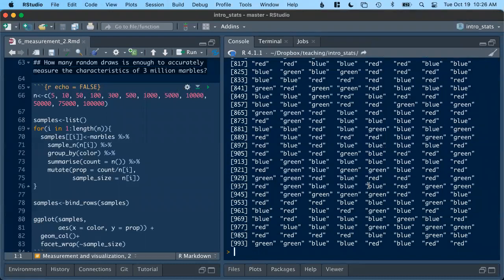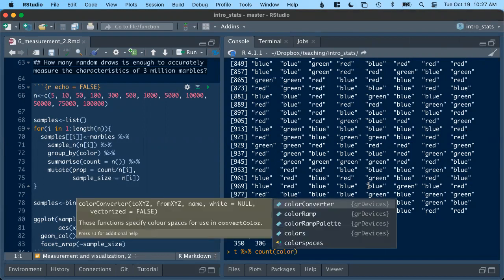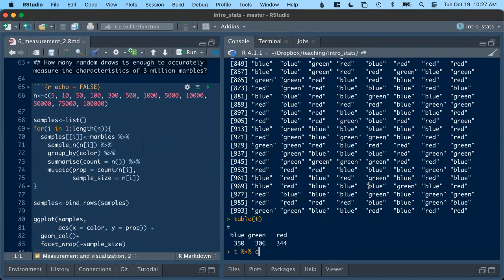So let's look at a table of that. What do we have, right? We have 350 blues, 306 greens, 344 reds. So what if we did T counts color? So let's do a summarize.